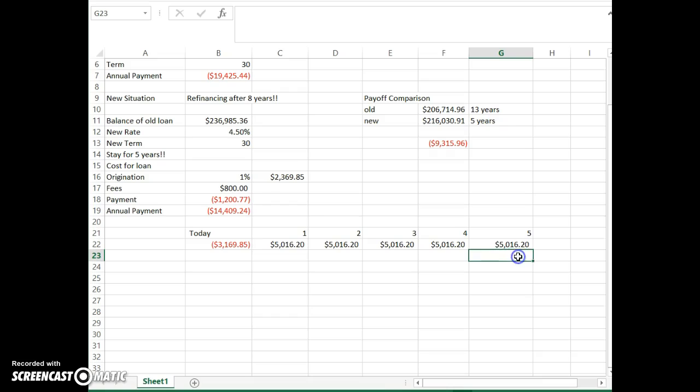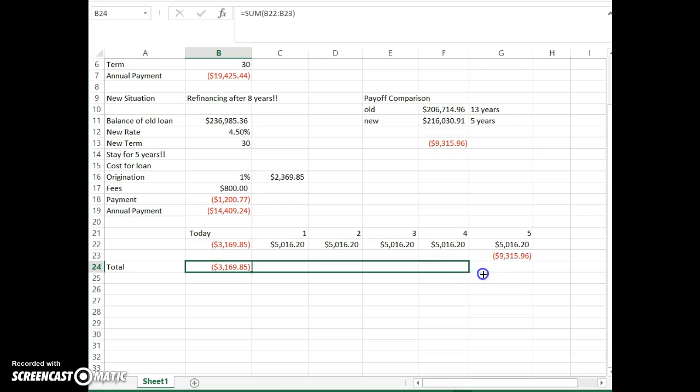And now what we're going to do is copy and paste that down here. Equal. And now we're going to get the total of these. Hit the sum function. Equal. We're going to drag that all the way down.